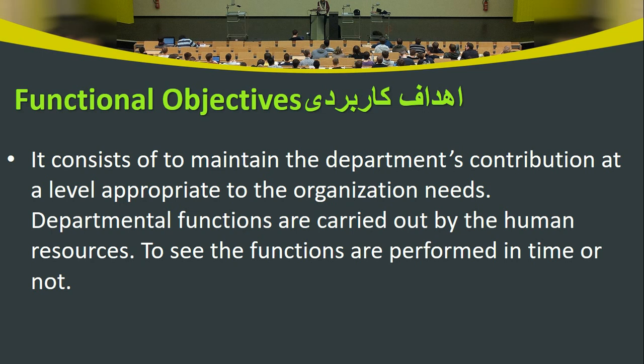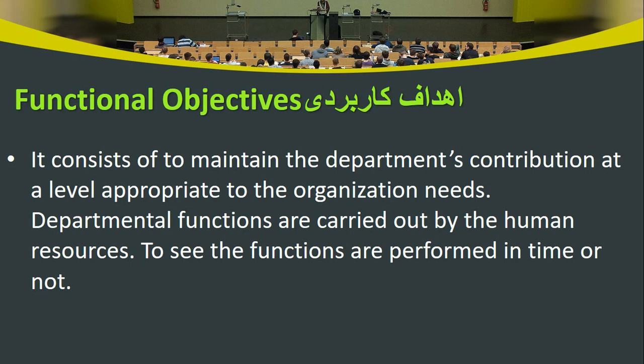Okay, now let's talk about the functional objectives of HRM. HRM aims to maintain the department's contribution at a level appropriate to the organization's needs. Departmental functions are carried out by human resources, to see whether the functions are performed on time or not.